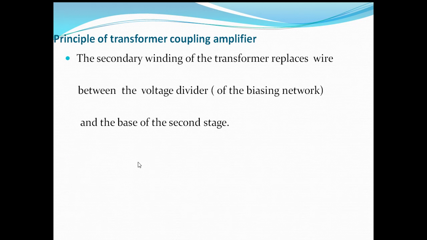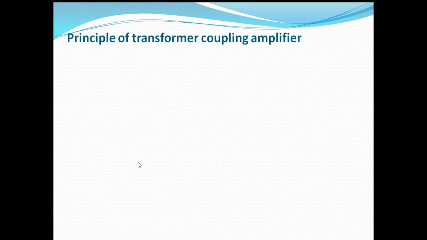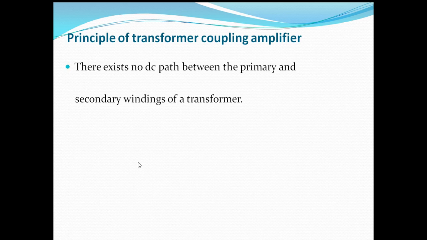The secondary winding of the transformer replaces the wire between the voltage divider, that is the biasing network, and the base of the second stage. The DC isolation between the two stages is perfectly provided by the transformer. There is no chance of the DC signal passing through the transformer.